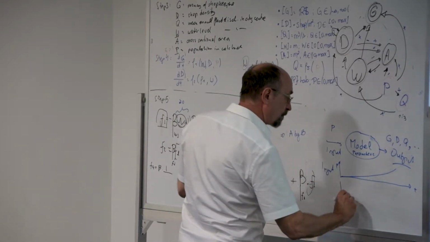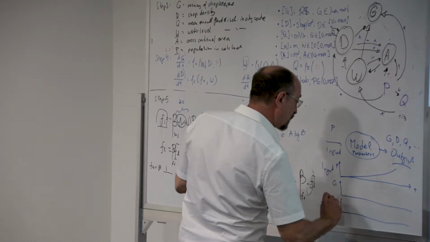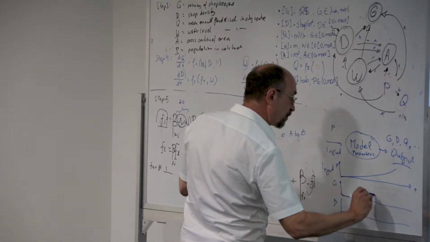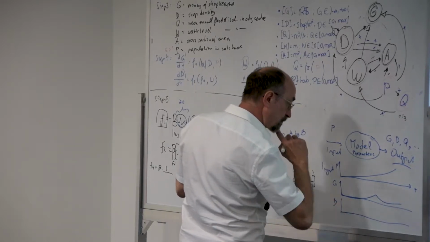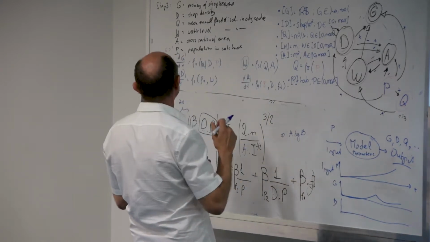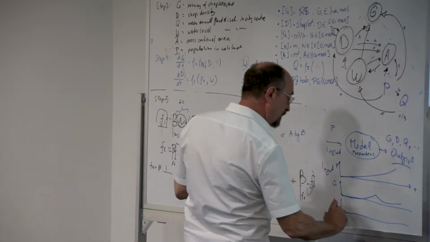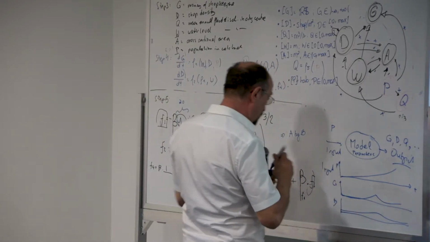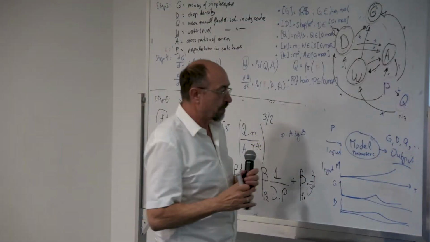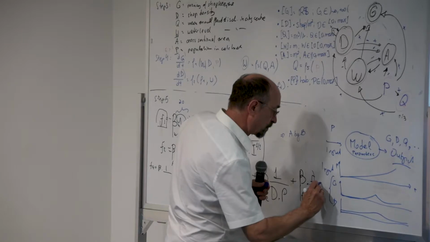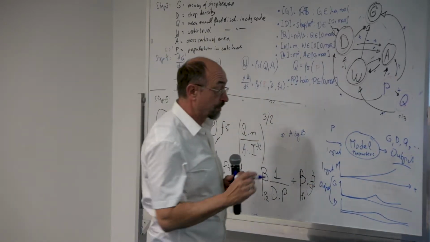And then the model simulates G and simulates D, the density. Maybe G goes up, but it may go down, and density may go up and may go down again. This is the output of the model. The G and D are the output, and also the other variables, A and W.